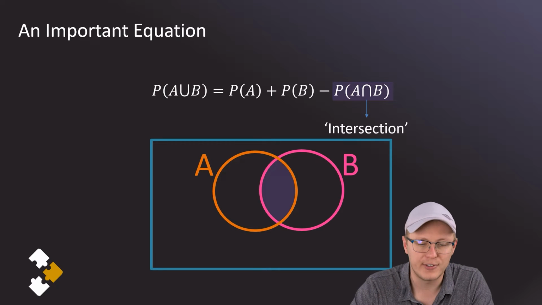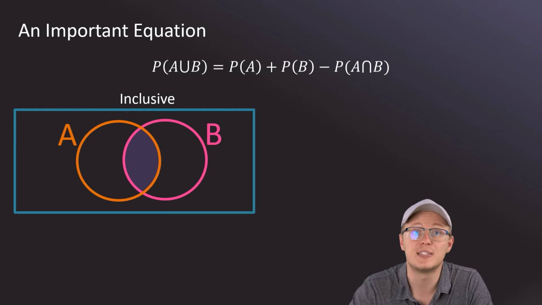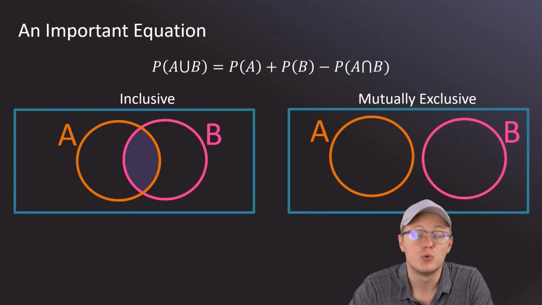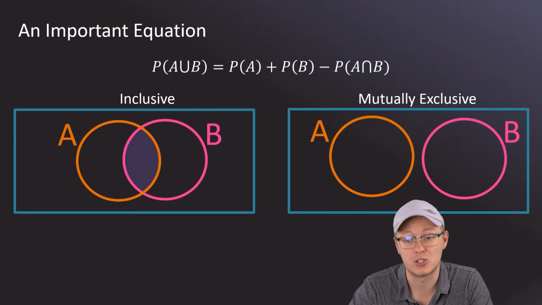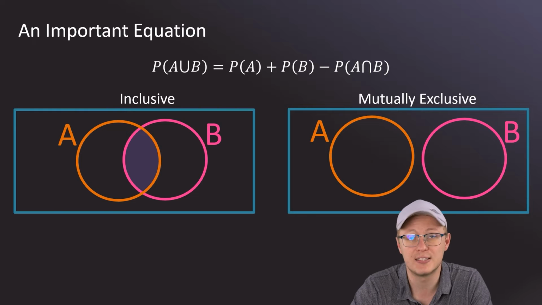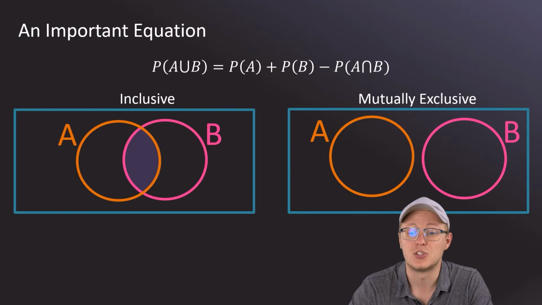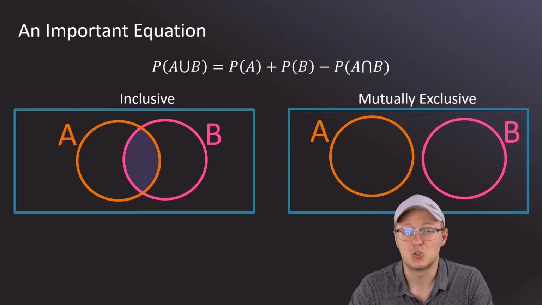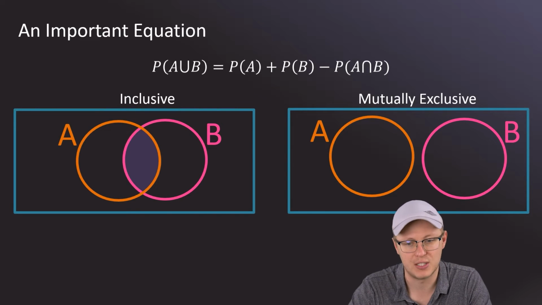Now, if we have inclusive events, it means that there is an intersection. There is a bit where they overlap, where it's possible to be part of A as well as B. However, we do also have mutually exclusive events. And mutually exclusive events are those in which there is absolutely no overlap. So there aren't any data points that are part of A as well as being part of B at the same time.